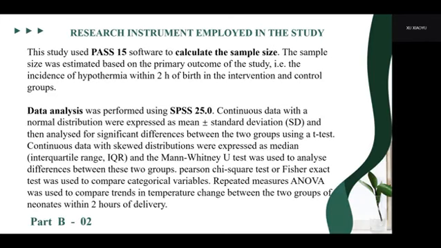The chi-square test or Fisher's exact test was used to compare categorical variables. A repeated measures ANOVA was used to compare changes in temperature between the two groups of neonates within 2 hours of delivery.